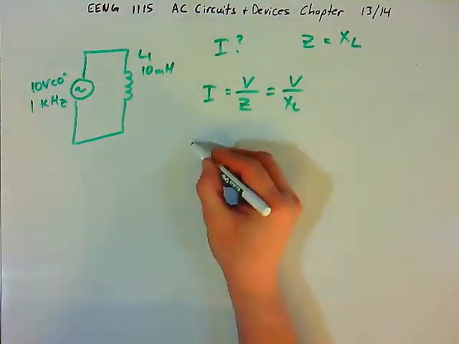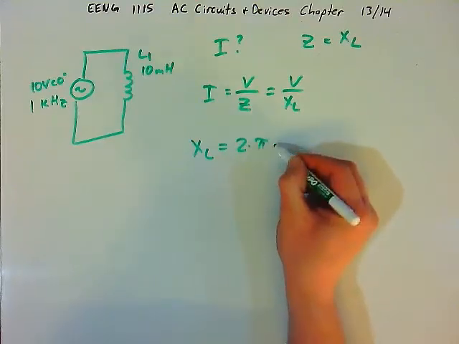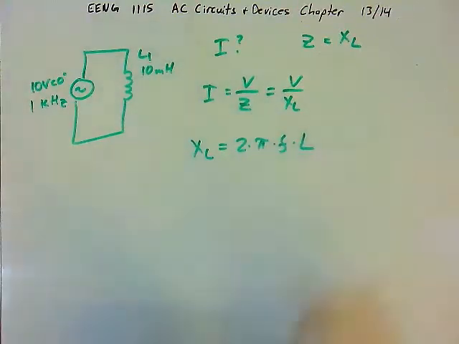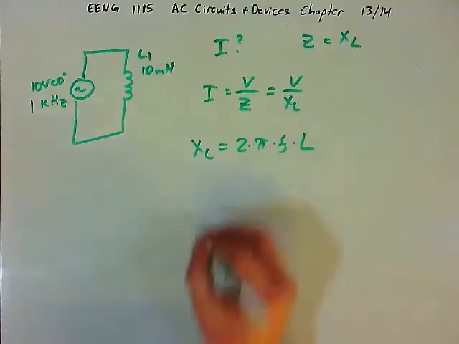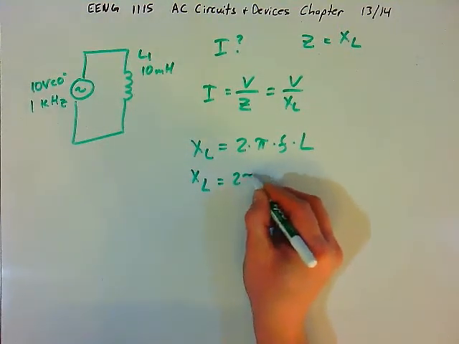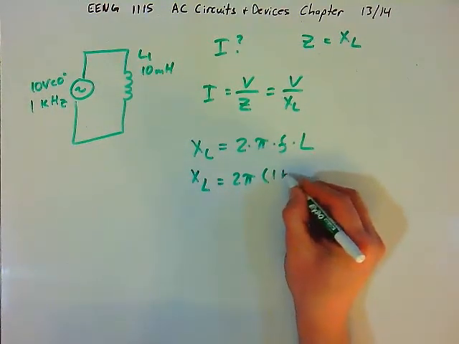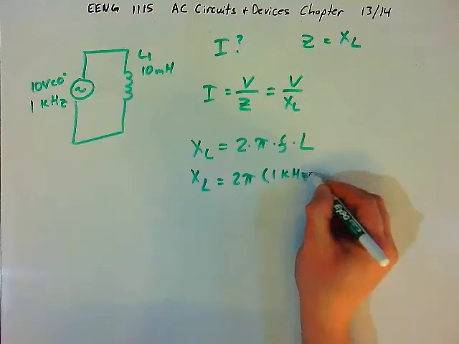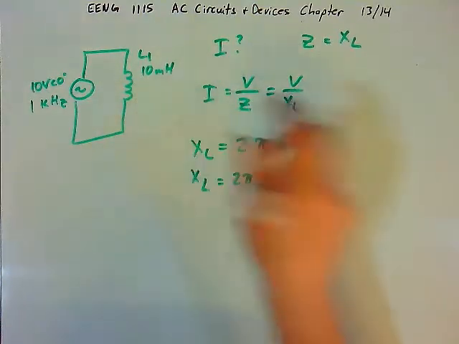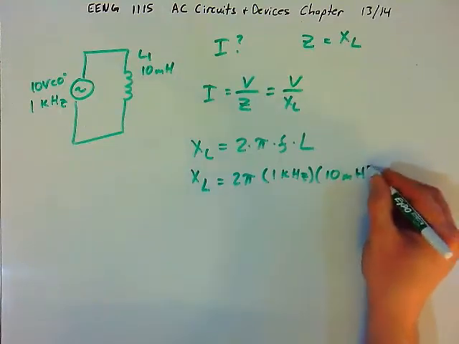But what about the reactance? What is the reactance? Well, the reactance is equal to 2 times pi times the frequency times the inductance of the inductor. And so the inductive reactance will be 2 pi times the frequency of the circuit, which is 1 kilohertz, times the inductance of the circuit, which I said is 10 millihenries.